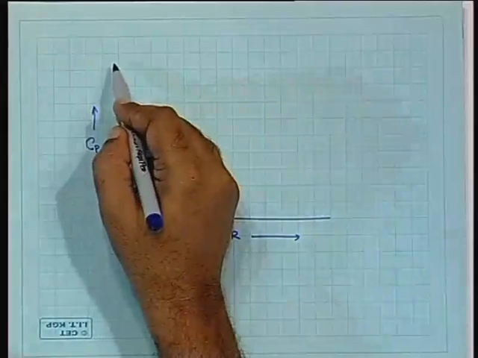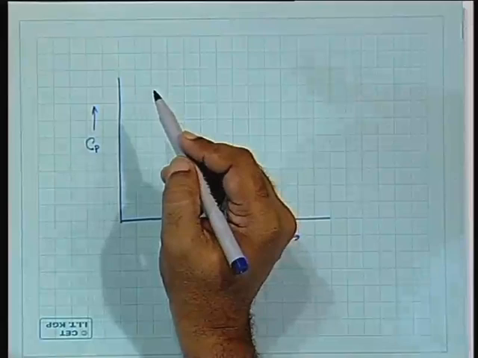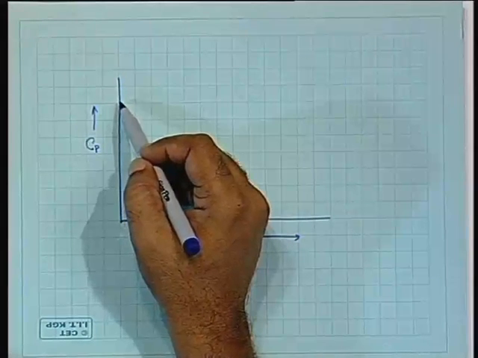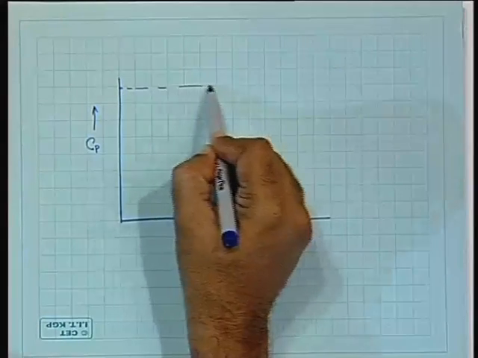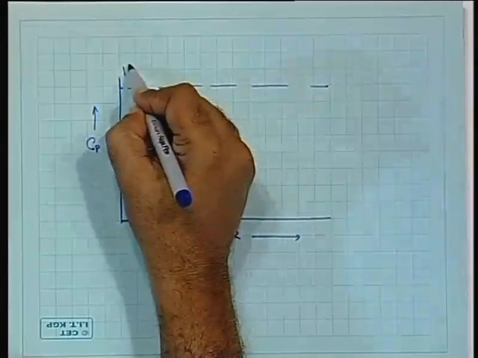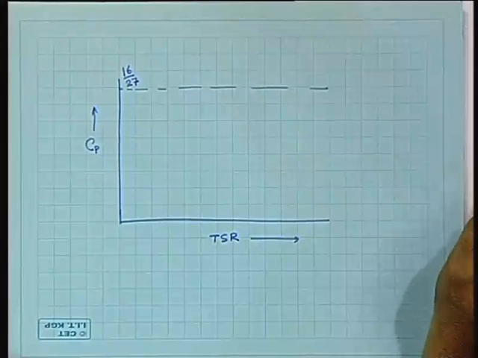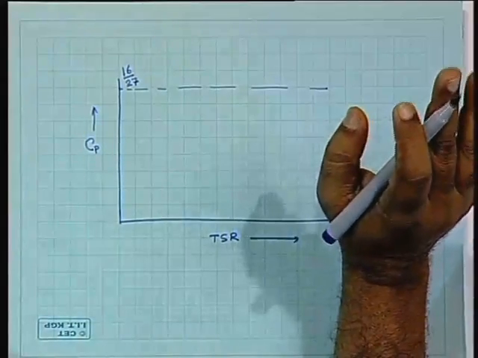What is the maximum Cp? We have derived in the last class that the maximum Cp possible is 16 by 27. That we have derived in the last class. So that is the maximum Cp possible. Okay. So that is what we try to achieve.